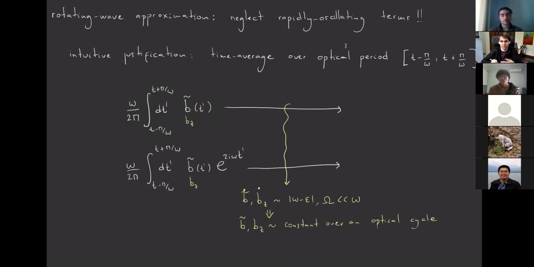It will be essentially the same value at all times between t minus pi over omega and t plus pi over omega. So this automatically means that we can put this variable outside of the integral. In particular, we can take it at time t in the center of the cycle. And all that is left is the integral part, but this integral is exactly equal to this factor here. So then we get just 1.